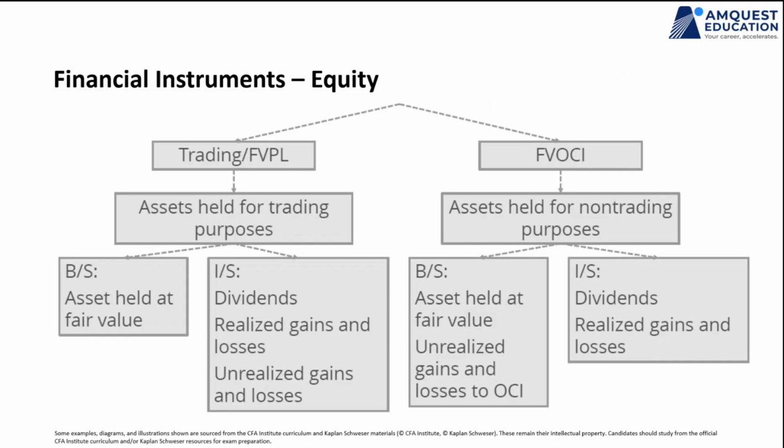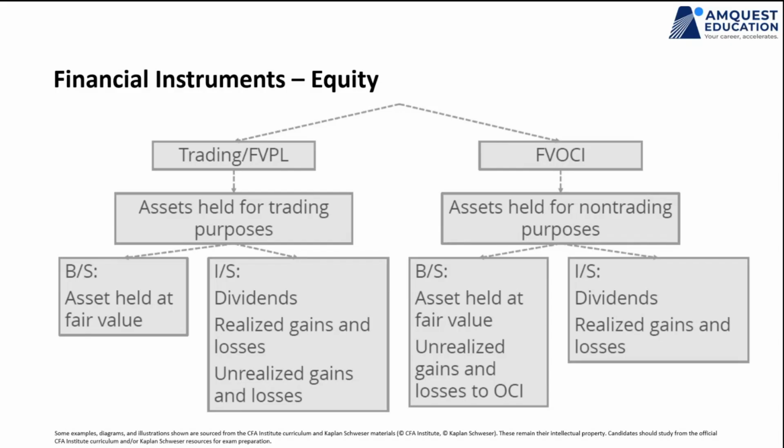So if we are talking about financial instruments which belong to equity bucket, then this equity bucket can be classified into 2 things. Either you are going through trading profit and loss, or through the fair value through profit and loss. So if there are trading securities, they are going through profit and loss statements.